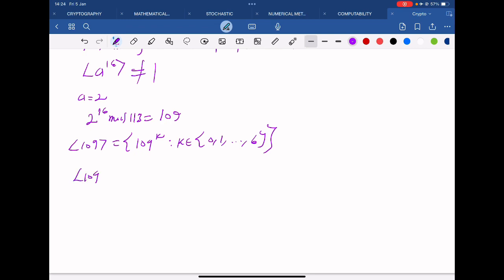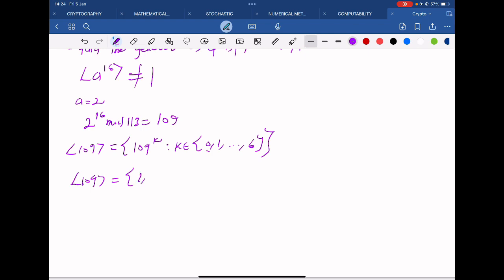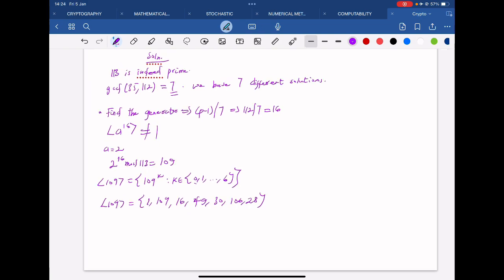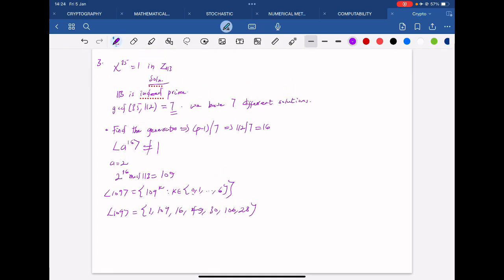So our generator 109 raised to the power 0 is 1, to the power of 1 is 109, 16, 49, 30, 106, and 28. So these are the values that satisfy the equation s raised to the power 35 is equal to 1, meaning that if you are to pick any of these numbers and place it where s is, so 30 raised to the power 35 should be equal to 1 in Z113.